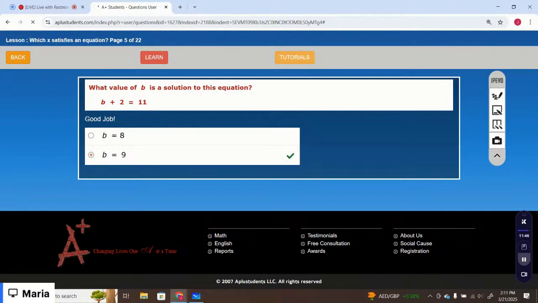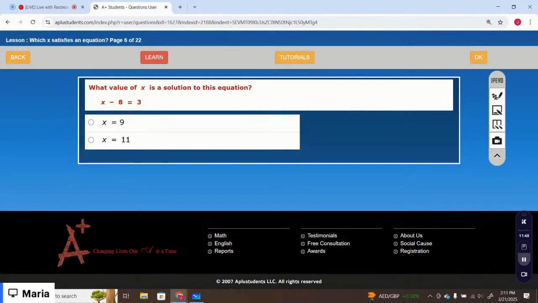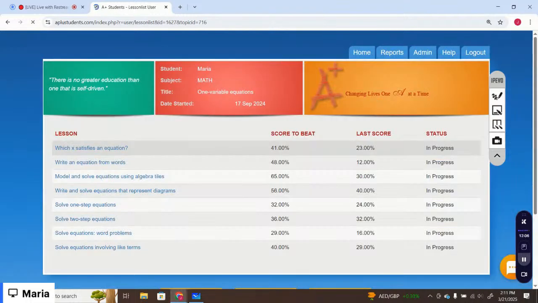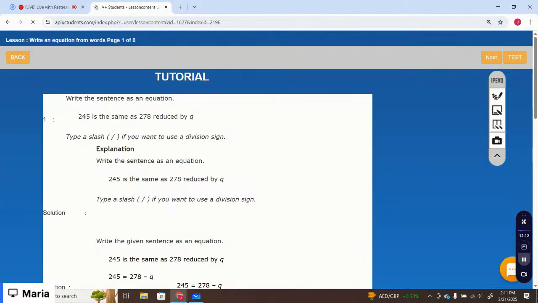Let me move on to the next lesson. The next lesson is write an equation from words.